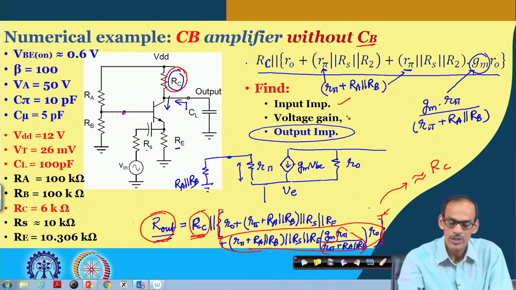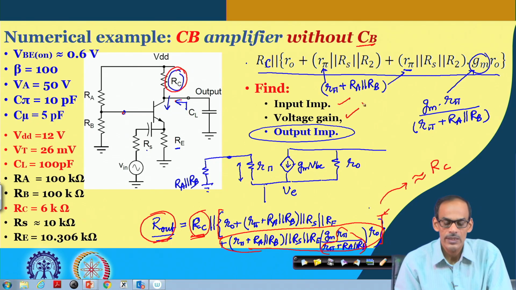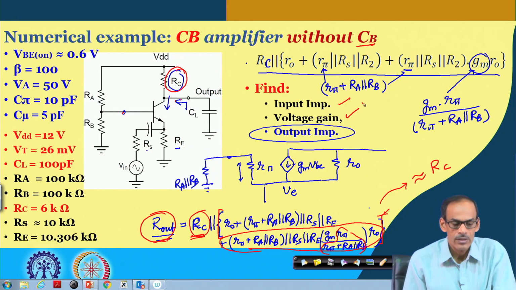So, the input impedance and voltage gain are getting affected by a factor of 10. That is about the common base amplifier, and now we will go for design guidelines.